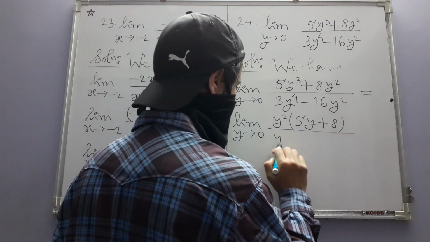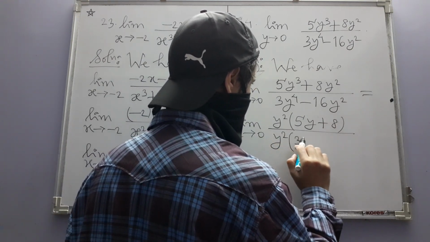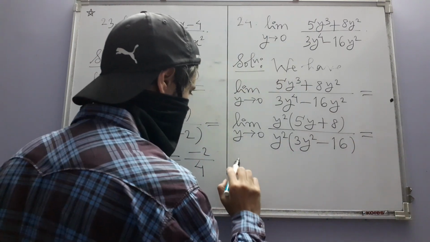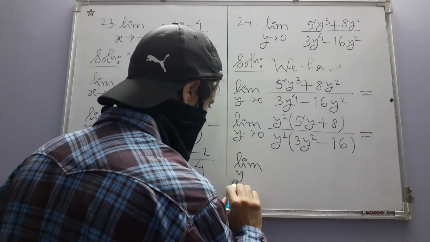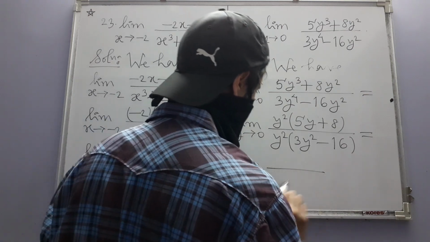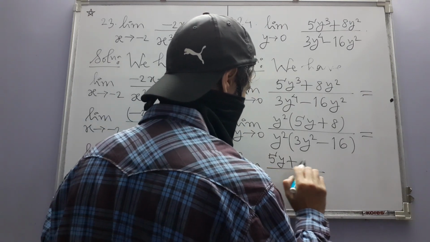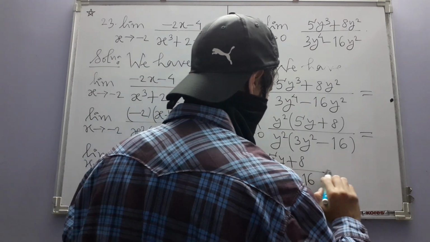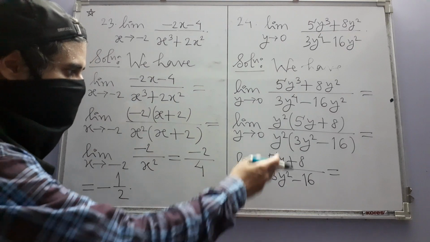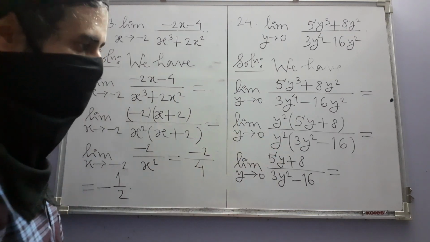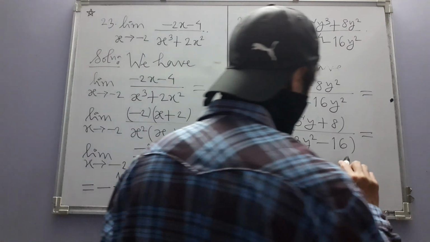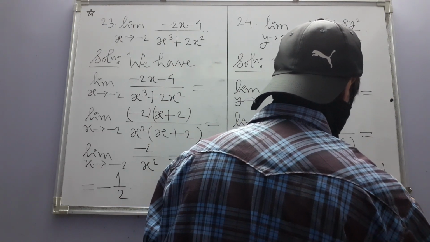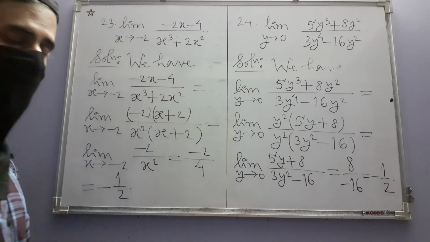Five y plus 8 over 3y square minus 16. And this will become what? The numerator will become 8 and the denominator will become minus 16. That means the answer is minus 1 over 2.